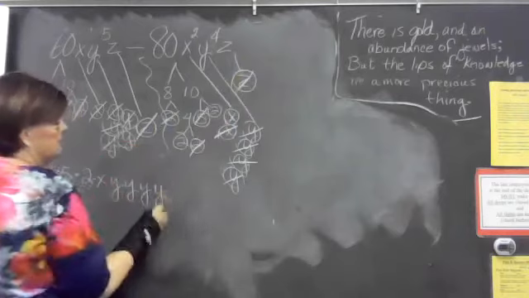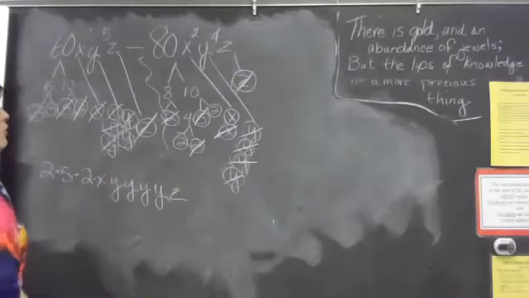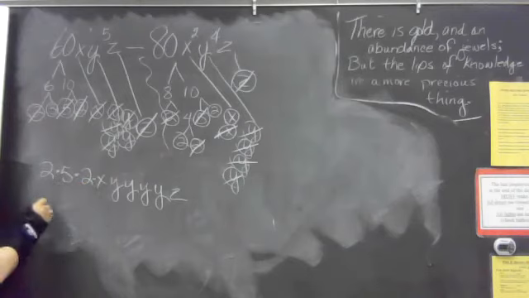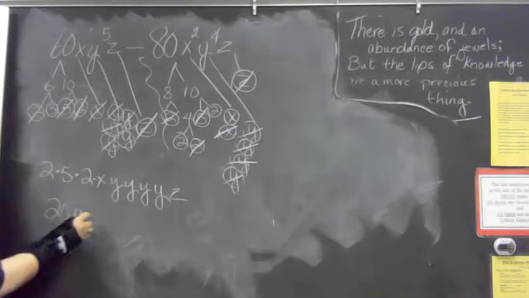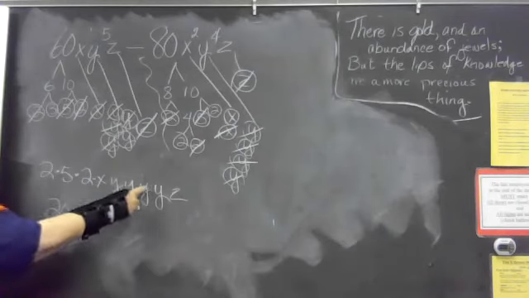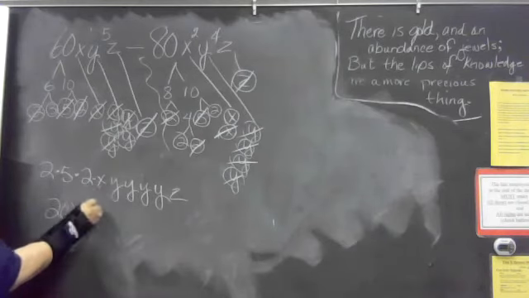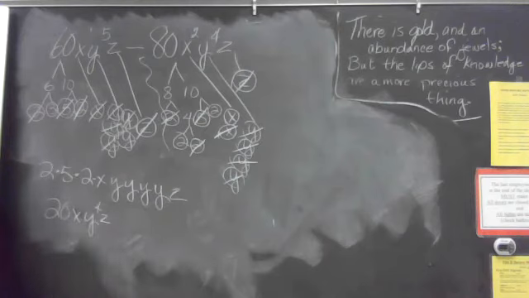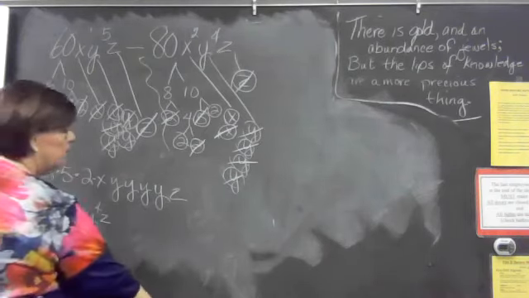And I have a Z. So my greatest common factor, 5 times 2 is 10, times 2 is 20. I have an X. Y to the 4th. Z. All of that is my greatest common factor.